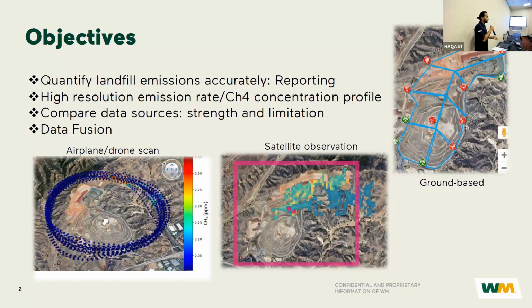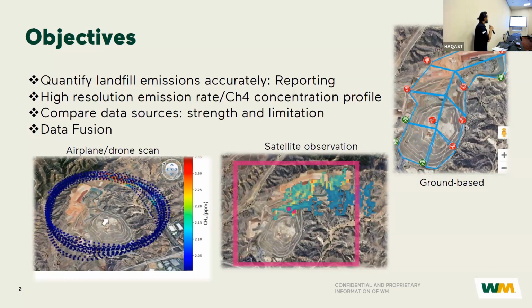Here, the objective is reporting, and that needs to be fairly accurate because there are business justifications followed by it, and there are economic justifications that really matter. Now, it needs some high resolution emission rate or methane concentration profile, either on the ground-based level with sensor measurements or audits from agencies, or satellite measurements from the atmospheric column.